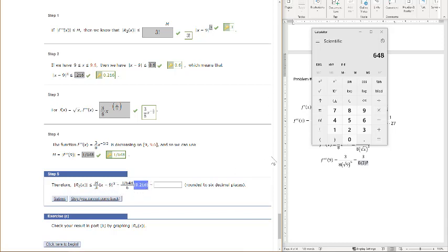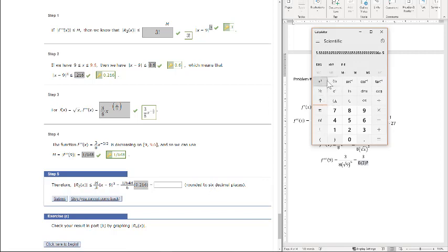So we want to round this off. So we want the reciprocal of this. Here's a reciprocal. We want to divide by 6, and then we want to multiply this by 0.216.